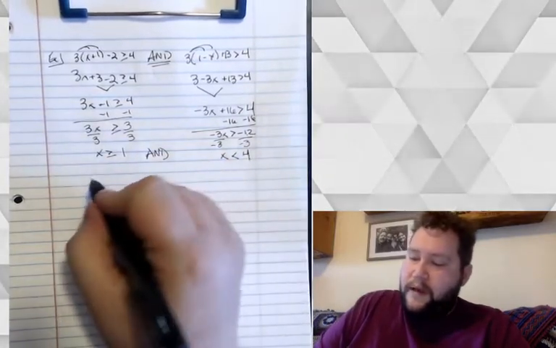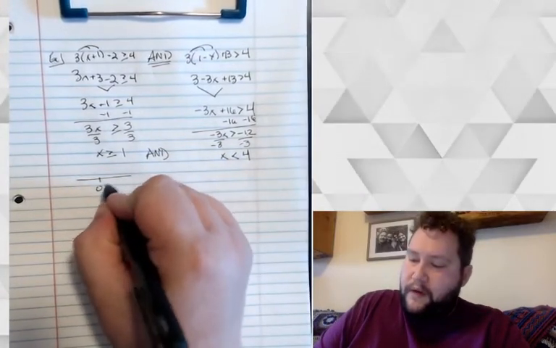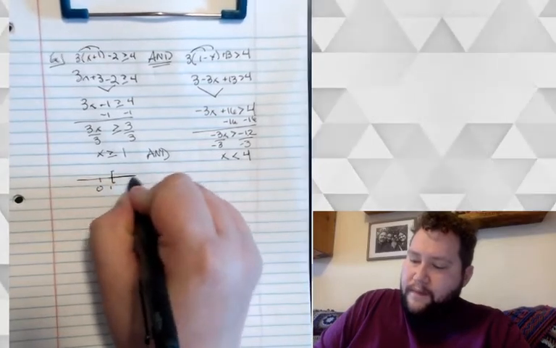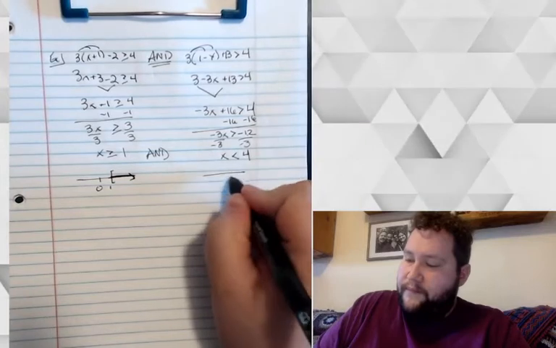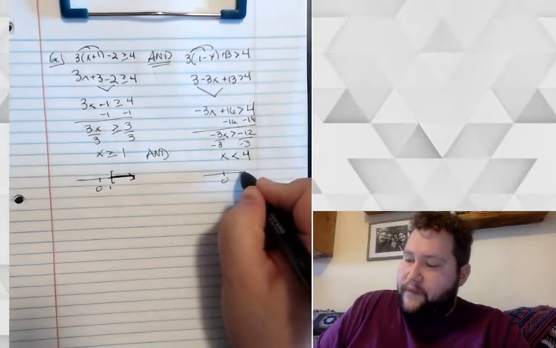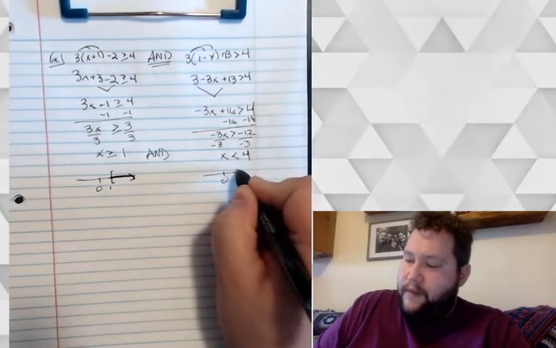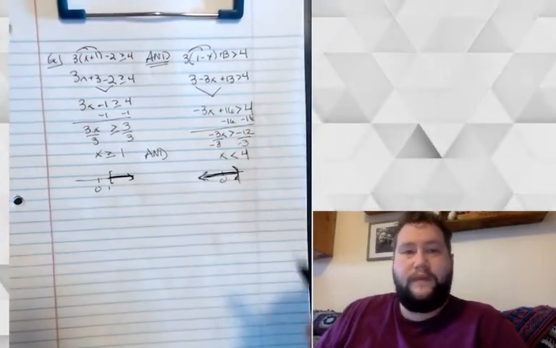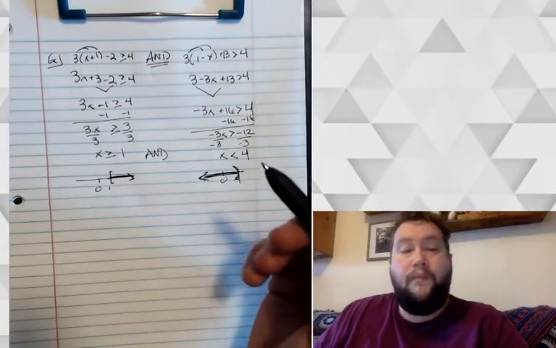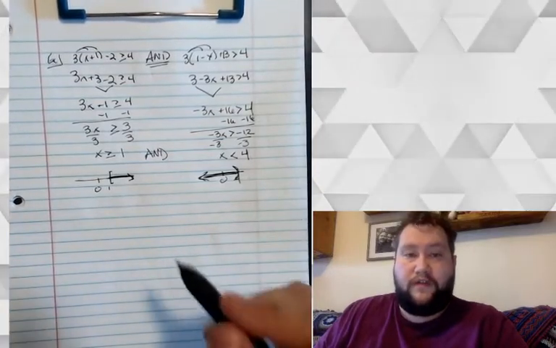And so on a number line, this looks like 0, 1, a square bracket, and to the right. x less than 4 looks like 0, 4, a parenthesis, and everything left. And we want to know where both of those conditions are true.